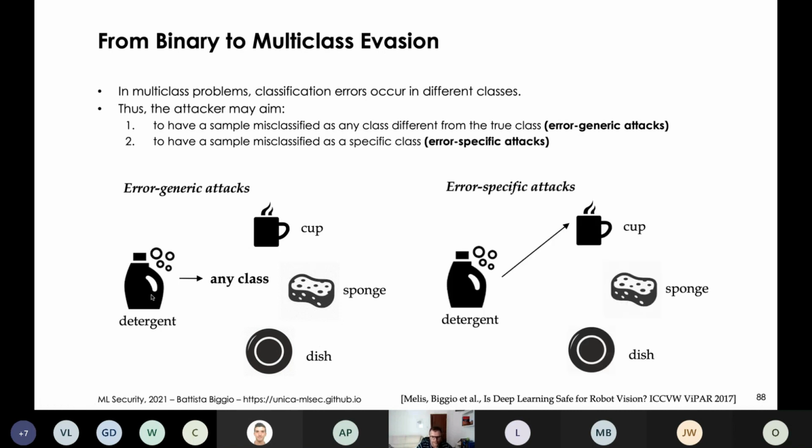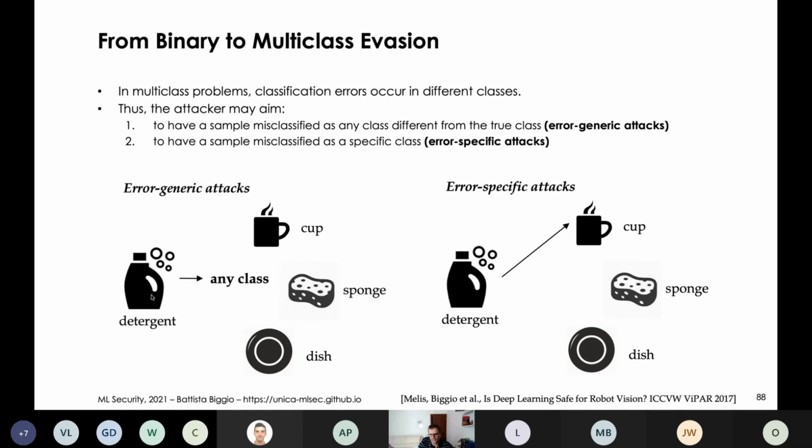The other kind of attack is error-specific, which is a bit more restrictive, because this time you want to specify the target class. So I have the image of a detergent, for instance, and I want to have it misclassified as a cup. The attacker reaches the goal only if this image is classified as a cup.